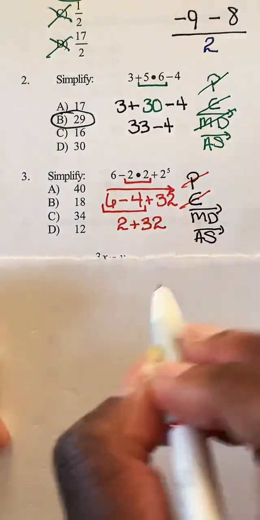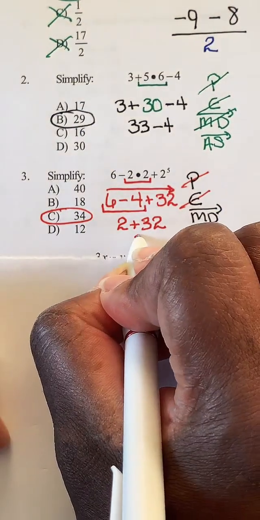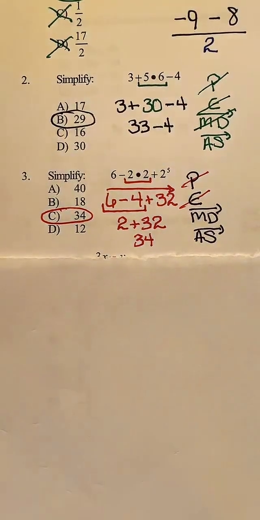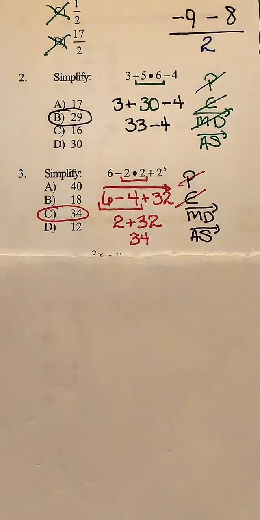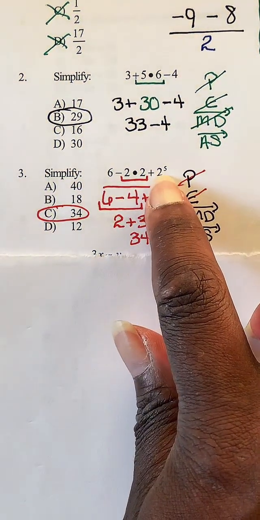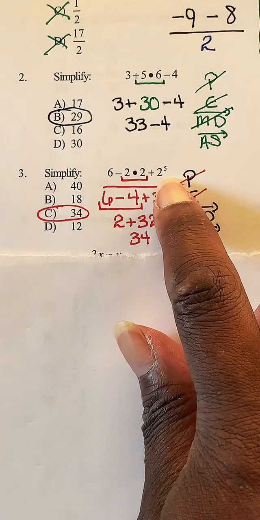So that's why it's so important for the multiplying and the dividing, as well as the addition and subtraction, that you go from left to right. So 6 minus 4, that gives me my 2. 2 plus 32, that gives me my C of 34.